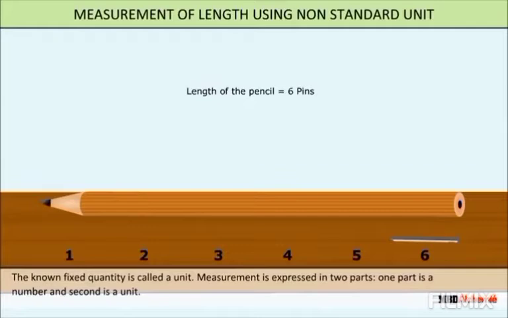Here 6 is the number and pin is the known quantity. We know the pin, so we use 6 pins for measuring the length of one pencil. So measuring is a comparison process with a known quantity.